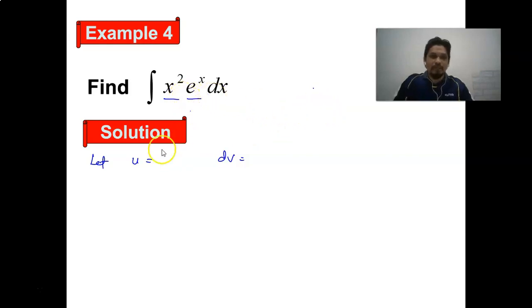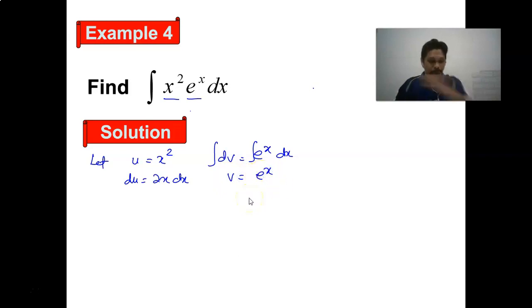So polynomial comes first, where u equal to x squared and dv equal to e^x dx, and du equal to 2x dx, integrate left and right, and v equal to e^x.